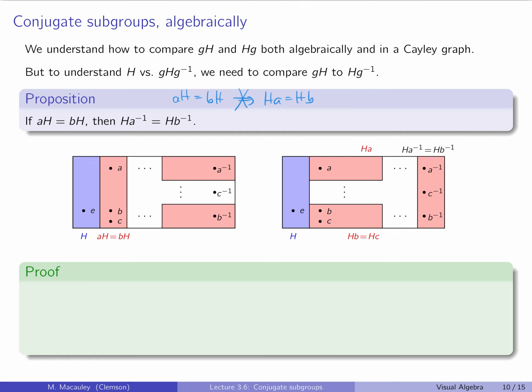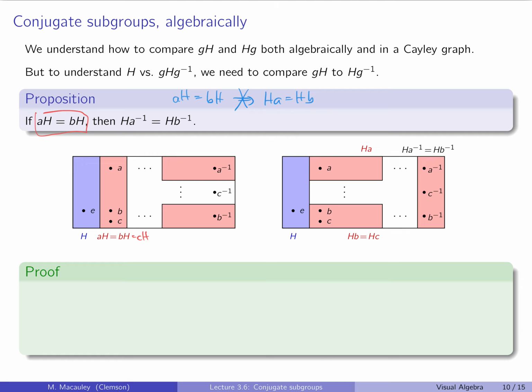Now recall that if we have equality of two cosets, say aH and bH, that just means that a and b are in the same left coset. So over here, we have a left coset aH, which also contains b. So suppose that aH and bH and cH are all the same. We have this equality, and this is the partition by left cosets. And the partition by right cosets could leave a and b in different right cosets.